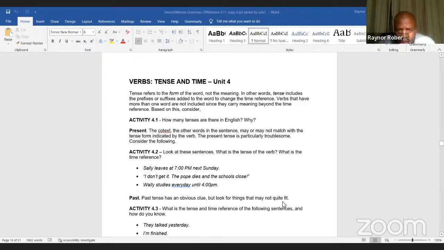So let's look at the context. In other words, the context in the sentence may or may not match the tense form indicated by the verb. So you remember what context was, right? It's the whole sentence, basically the words in the sentence. And then what's collocation? You remember? Context is the situation.